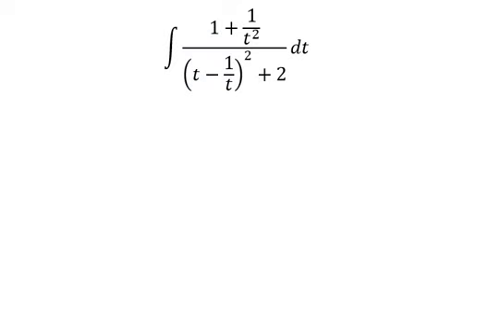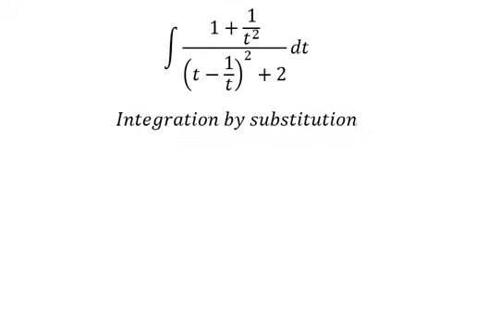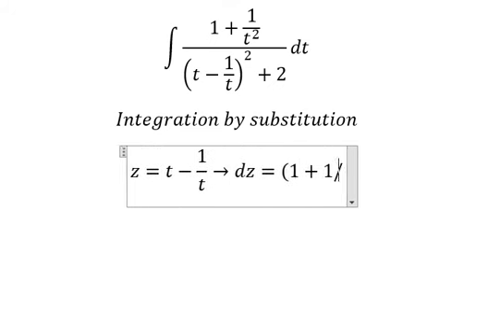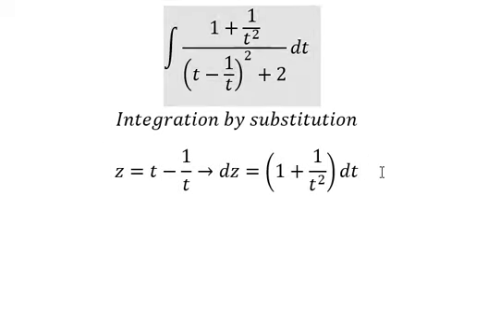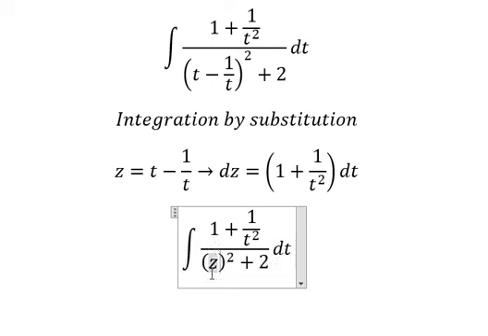So we need to use integration by substitution. So I will put z equals t minus 1 over t. So if we do the first derivative for both sides, we have 1 plus 1 over t squared dt. So this one we change to z. This one in here we change to dz.